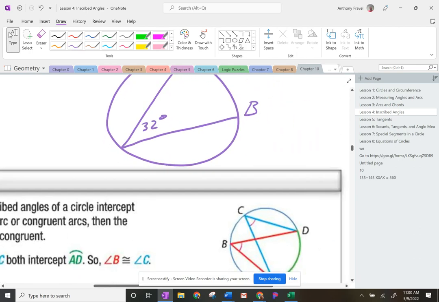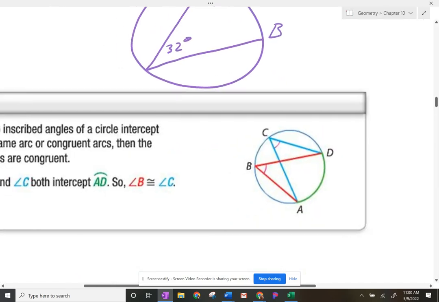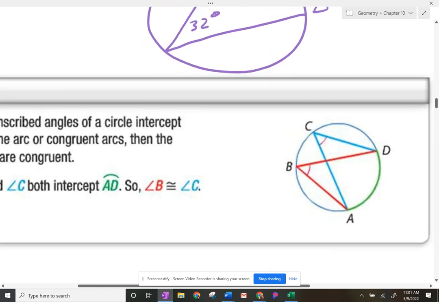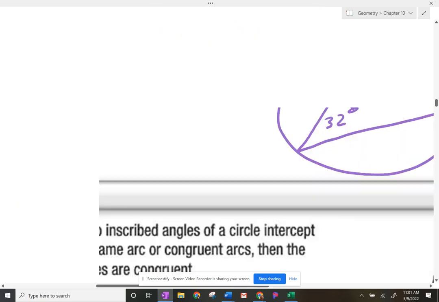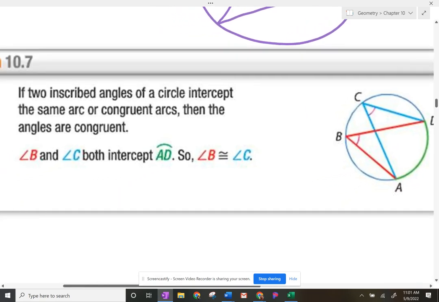Next definition for you. Again, I'm going to let you know it's hard to see the colors. Oops, I took off a little bit of it. But it's saying this arc right here, these two inscribed angles are sharing the same arc. So what you did before is if they gave you this arc over here, you divide it by 2 to figure out what that one is.